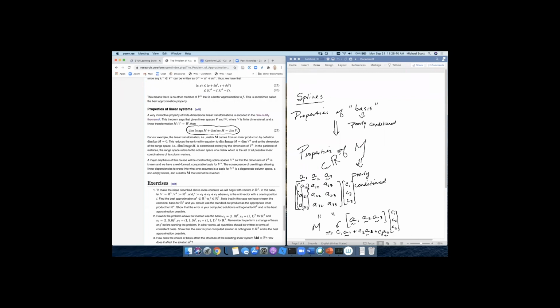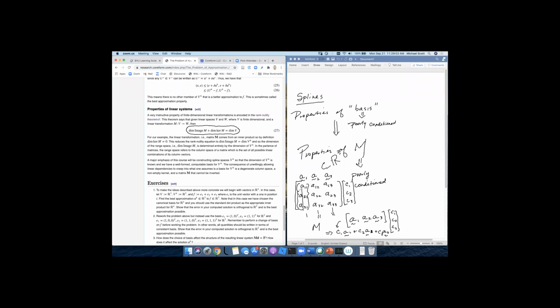And so you can see right away that if you have a malformed basis, what's going to happen is that one of these column vectors, or some combination thereof, is going to be linearly dependent on the others. And so you'll actually get a linear dependency in the column space.